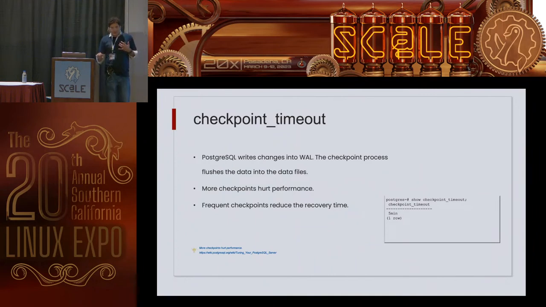If your checkpoint is too early, like 1 hour before, it only has to replay 1 hour of WAL, so recovery time is really quick. But if the last checkpoint was last week or last month, then it has to replay 1 week or 1 month of data for the recovery.